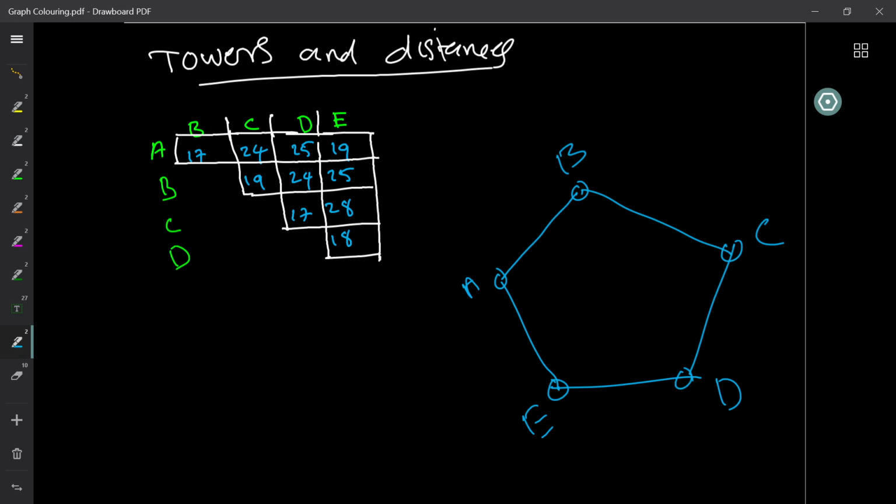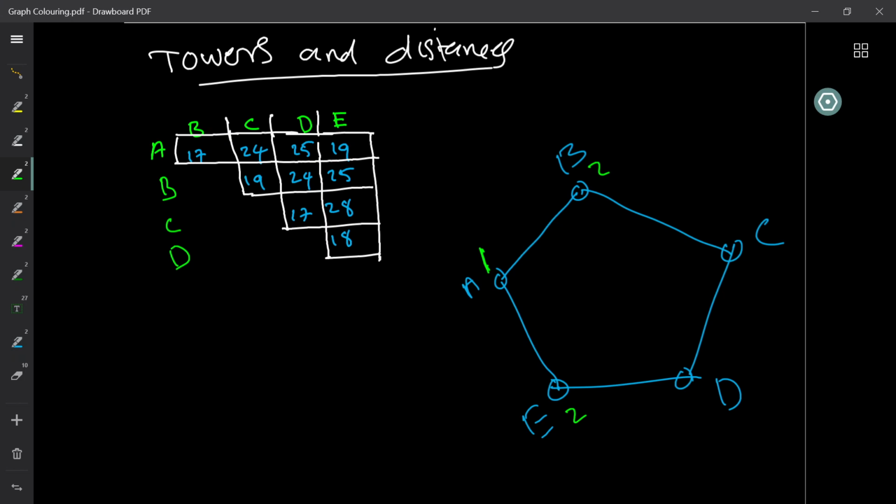And now the question is that we want to find a frequency distribution. There are 3 different frequencies available, so that we can do this. Now suppose they had only 2 frequencies, then there will be trouble. Because suppose you are using frequency number 1 assigned to A, then of course B and E cannot be given 1. So if you are using only 2, then they must both be given 2.